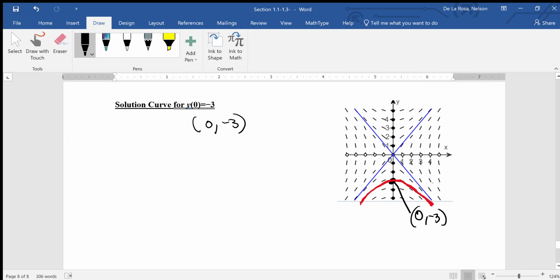When x approaches negative infinity, remember, that is this way, right? So the solution is going to be defined by this line I'm going to reinforce in blue.